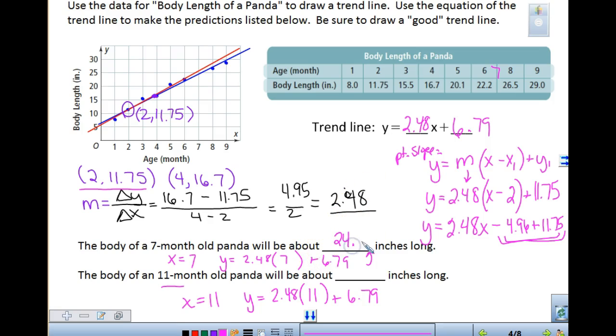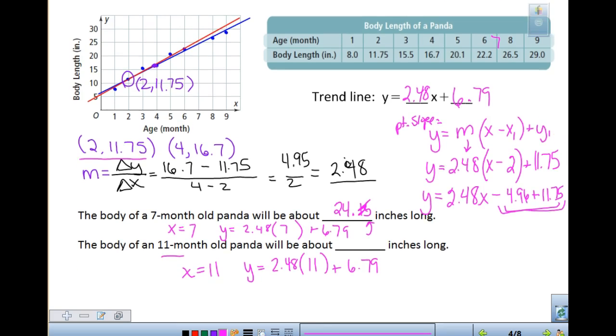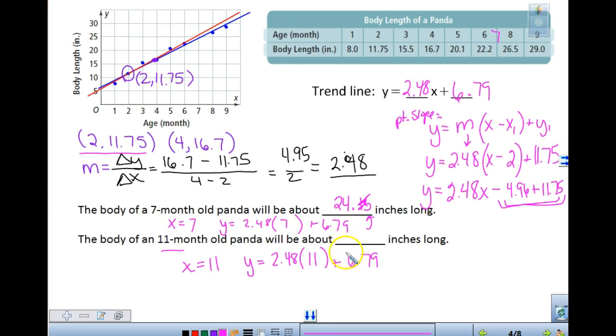24 point what? And could you say about 24 inches? Would that be okay if we didn't put the decimals with it? Yes, and you could have those decimals. And for the next one, Hale, what did you have when you plugged in 11? Okay, just plug it in your calculator, 2.48, plug that in. What you got?